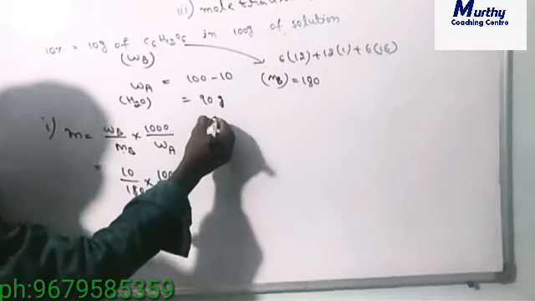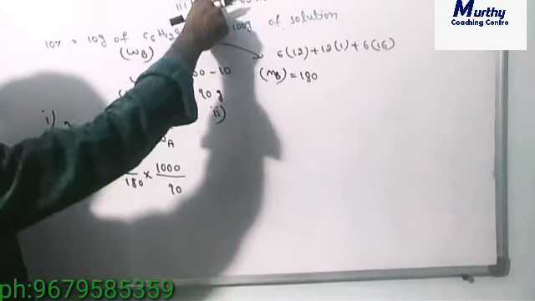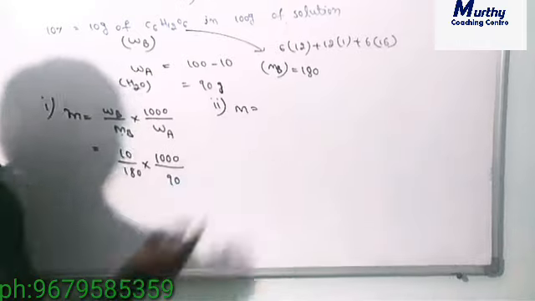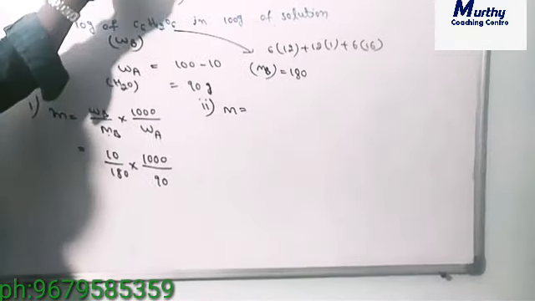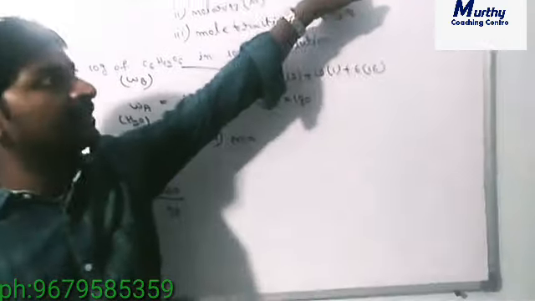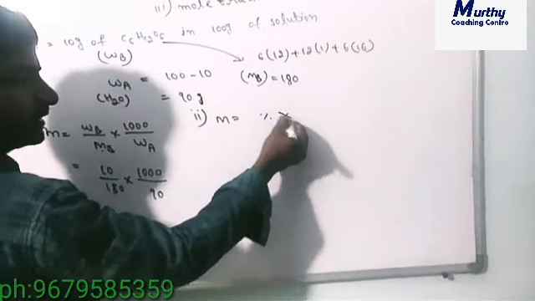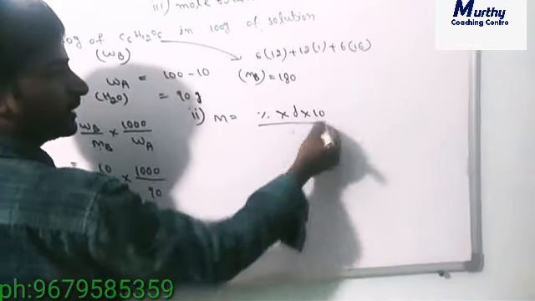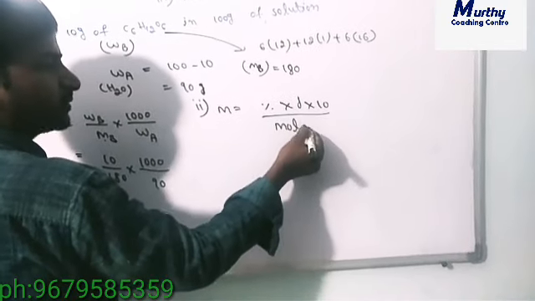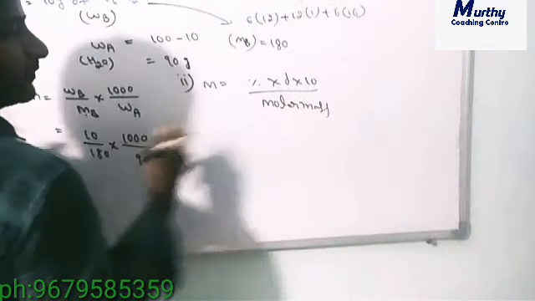Next, the second one. So molarity, capital M. In the question, if the percentage and density are given, then for calculating the molarity, the direct formula is percentage into density into 10 by molar mass of the solute.